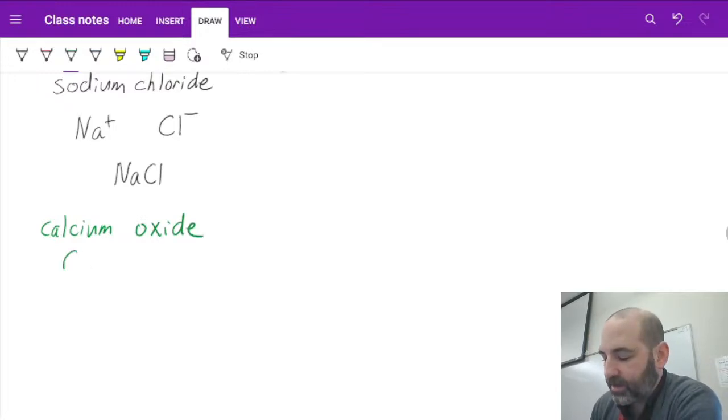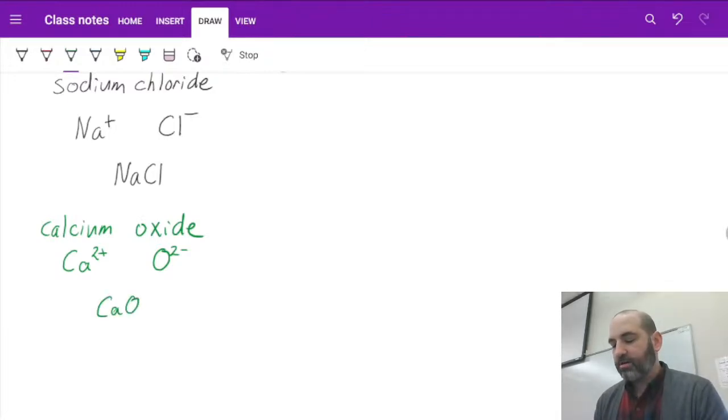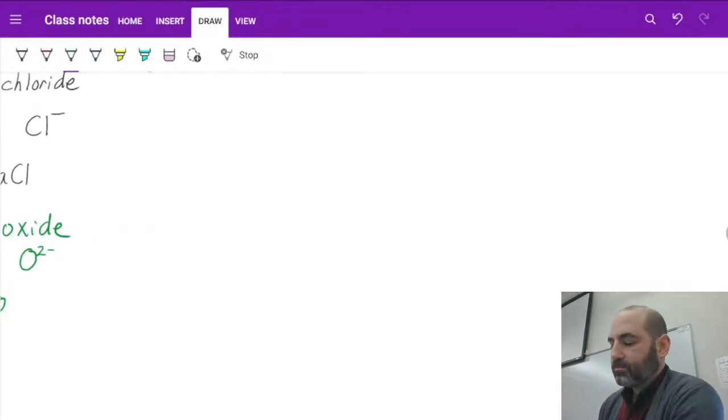So calcium is Ca+2, and oxide is oxygen, or O, -2. So we have 2+, 2-. So when we put those together in a compound, we just have CaO. We don't need to adjust the numbers at all.